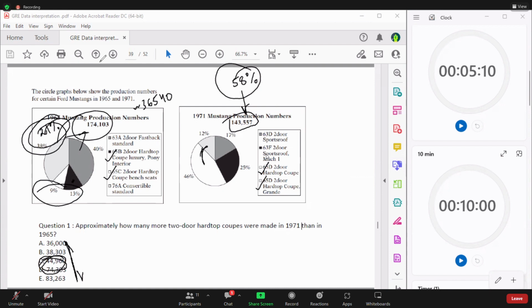So 140,000 into 0.58 will be 81,000. See, I approximated around 83. So 81,200 minus 36,540. This can give you a very near approximate answer, which is 44,660. So obviously it will be option C.